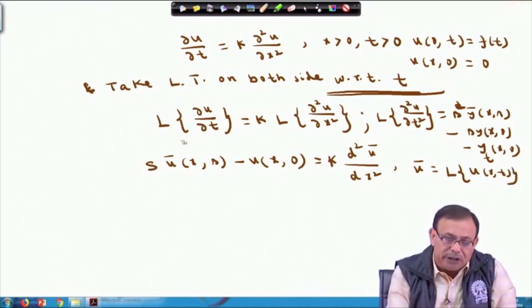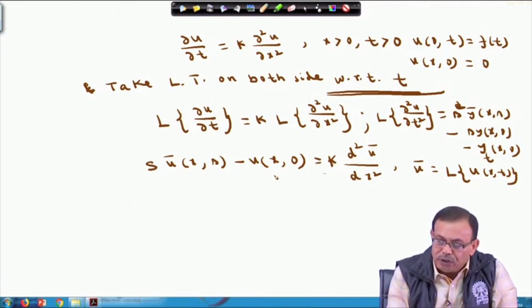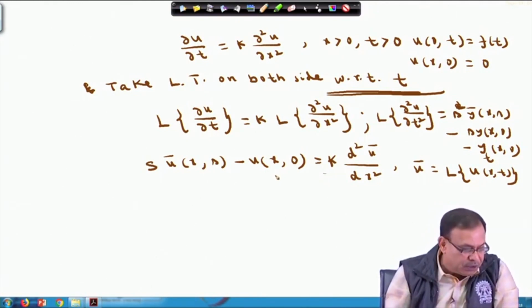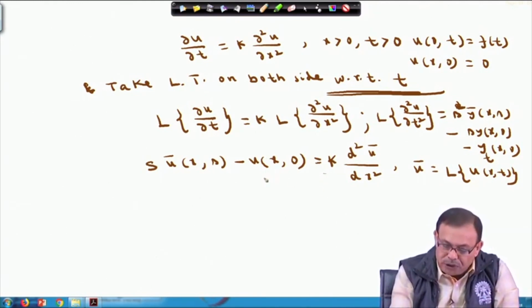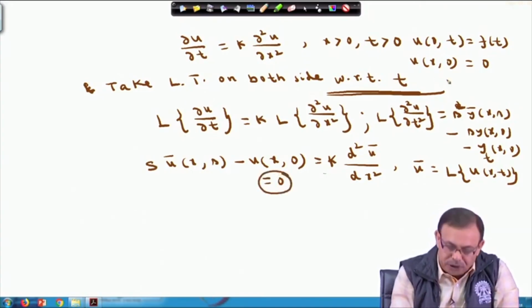So, taking the Laplace transform on both sides of the given equation, the Laplace transform of ∂u/∂t is s ū(x,s) minus u(x,0) equals k into d²ū/dx², where ū is this. You know the value of u(x,0), it is given to us as 0, so you substitute it.